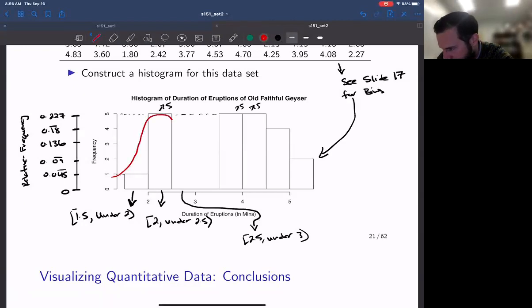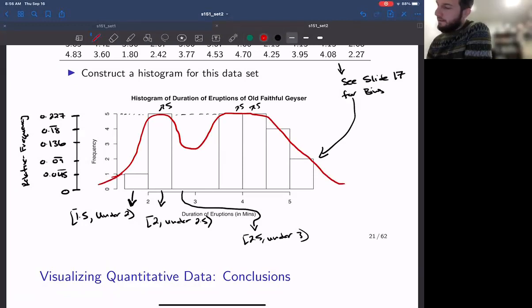So we would have our first peak here, and then we're going to have a drop because there's no information, and then we're going to have something that goes down like this. Okay. So in this situation, we have two modes. And if we look at the axis, we can see that we're moving from roughly 1.5 to 5.5. So the midpoint is going to be right about here.